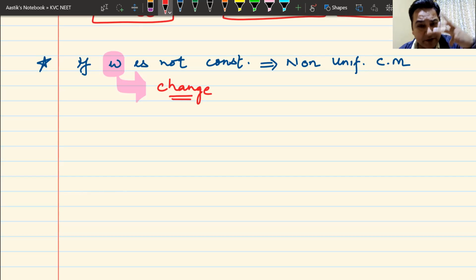What is the term that we use when the velocity of a body changes? We say that the body is, what? The body is not moving with uniform velocity. But what is the other term for saying that when the velocity of the body changes? The body is, what? Fill in the blanks.